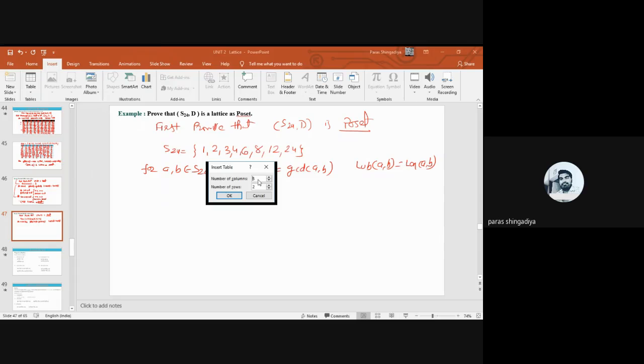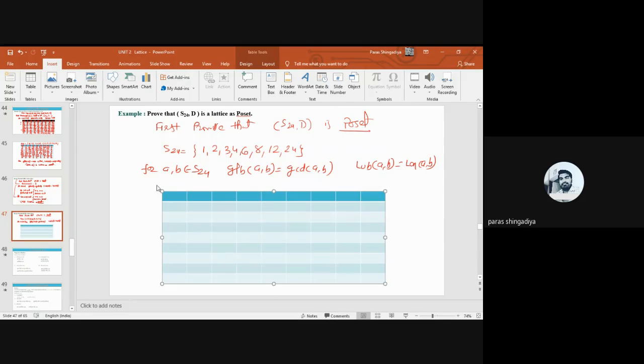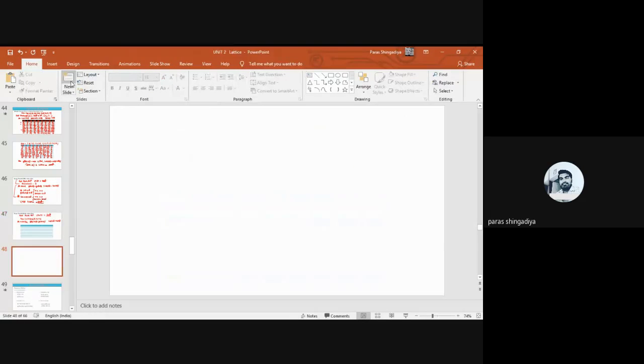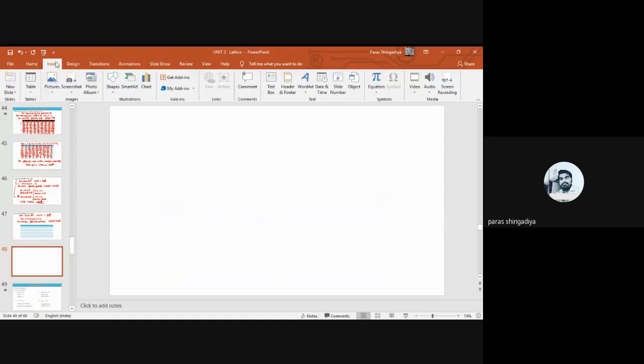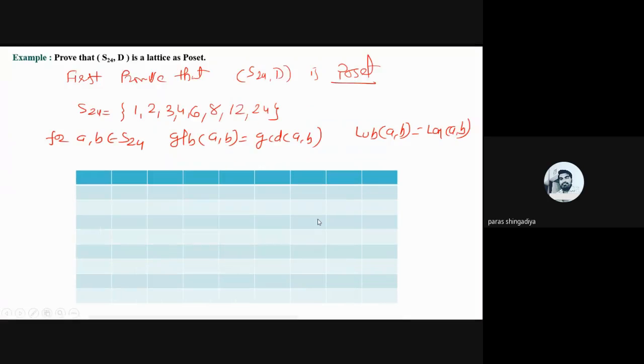ठीक है, आप book में prepare करो and then I will ask to anyone for the values. Okay, so try it by yourself. Prepare the table of GCD of each pair. GCD of two numbers.